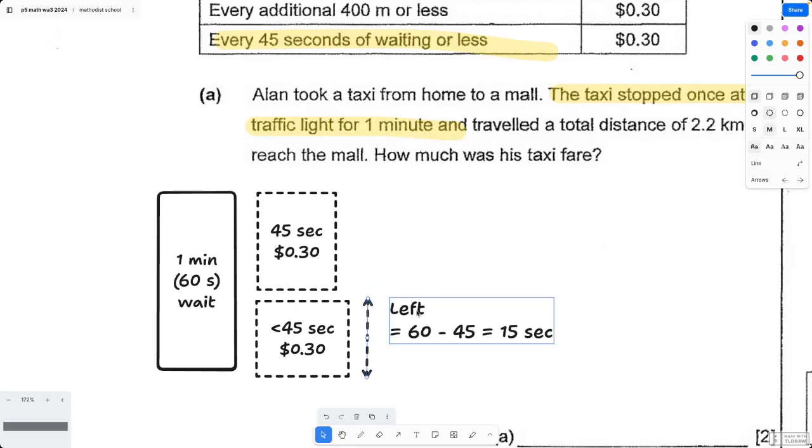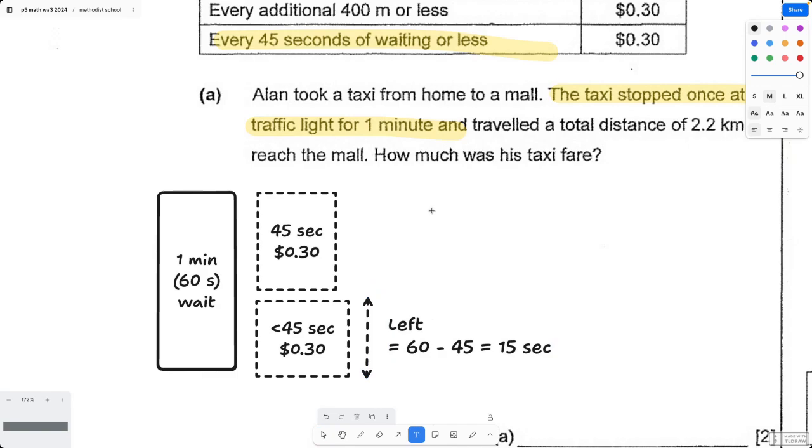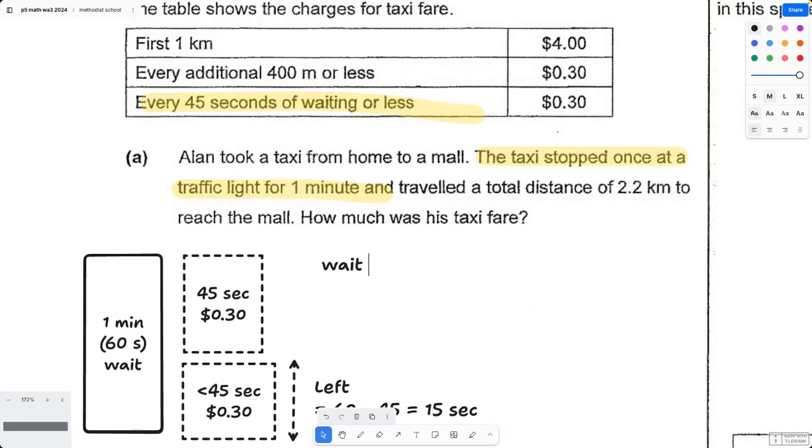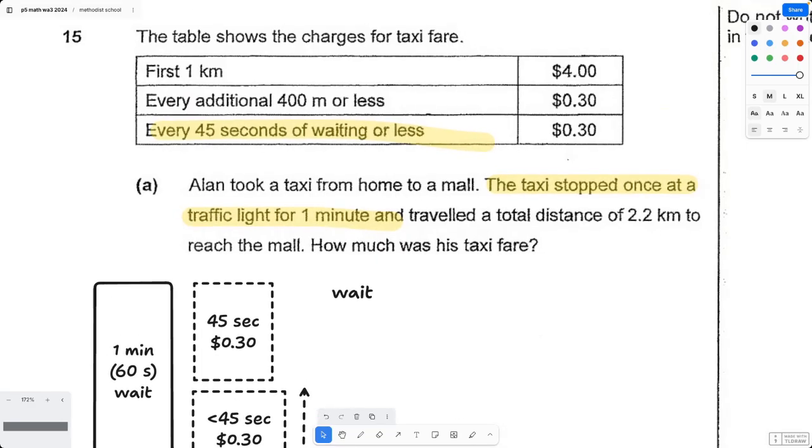So the wait fare is equal to 2 times 0.30, and this will equate to 0.60 cents.